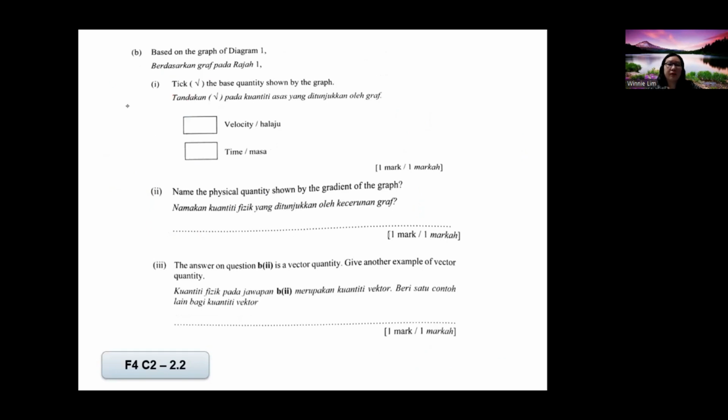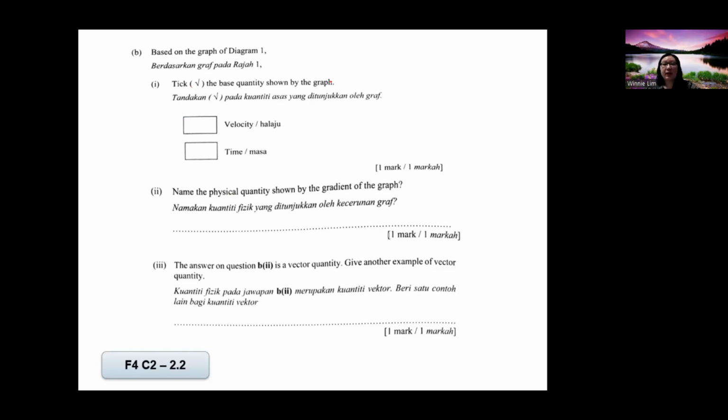Based on the graph, tick the base quantity shown on the graph. As you know, there are only 7 base quantities. They are the most basic and cannot be derived in other forms. You can also classify quantities as derived quantities. If two or more base quantities combine through multiplication, division, or both, you have a new quantity, called derived.